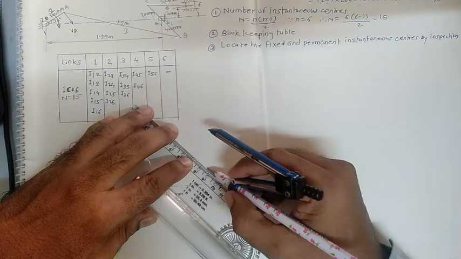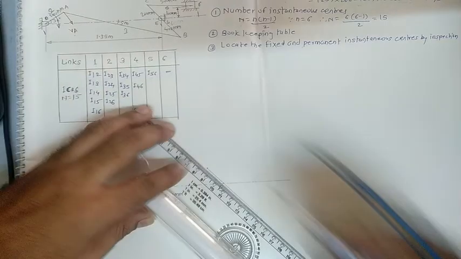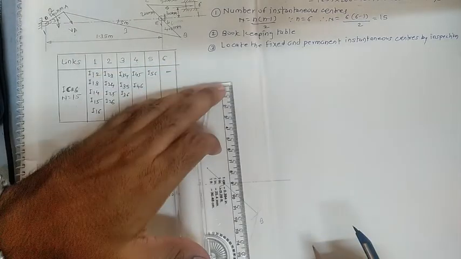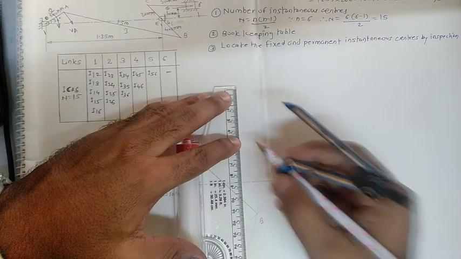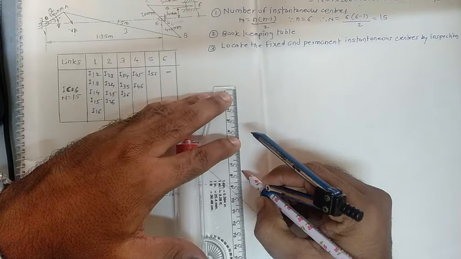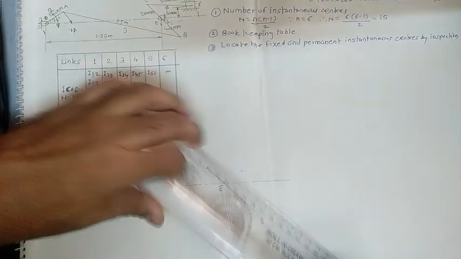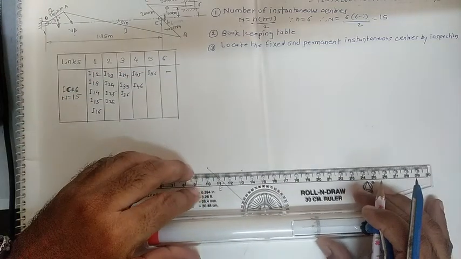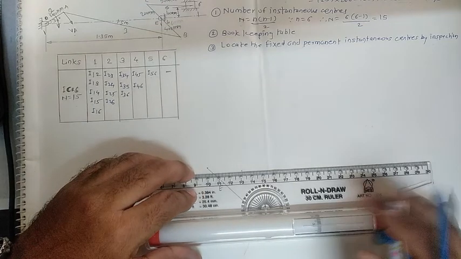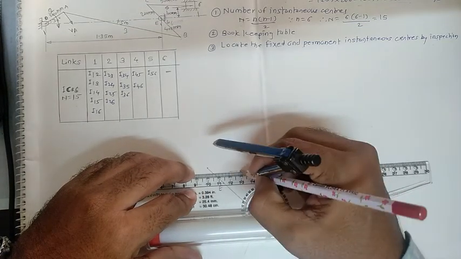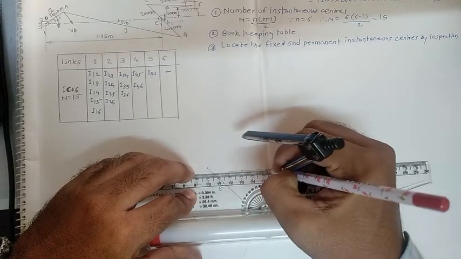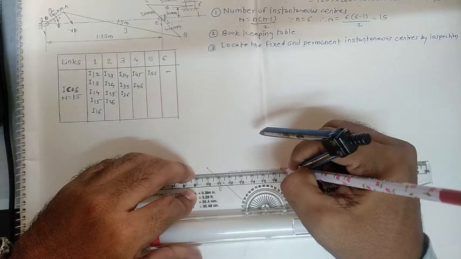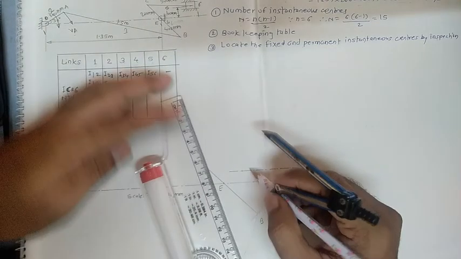So just mark it here. After that, next to this, you should draw a 100 parallel line. I'll just mark one point here and draw one line parallel to the previous diagram drawn by us, in this way. So this distance must be 100, okay.